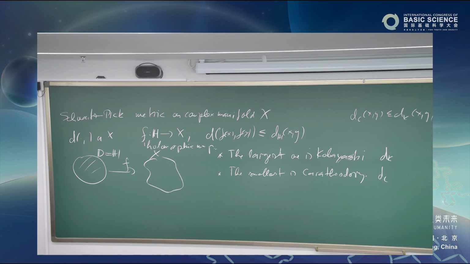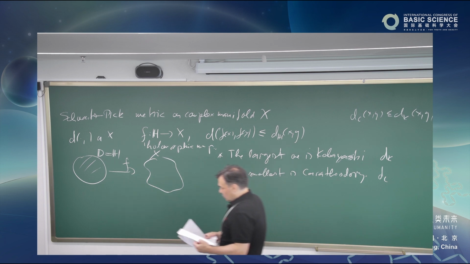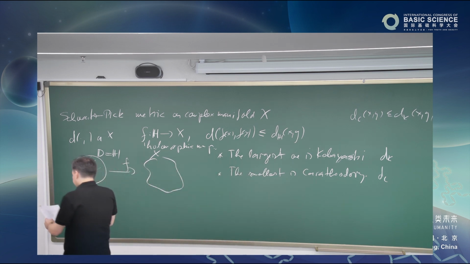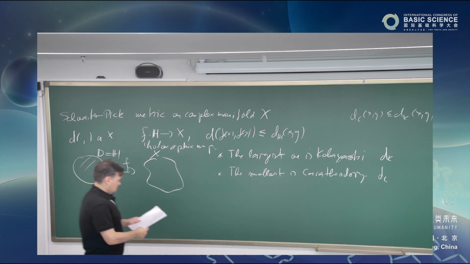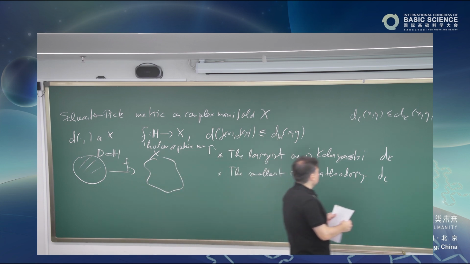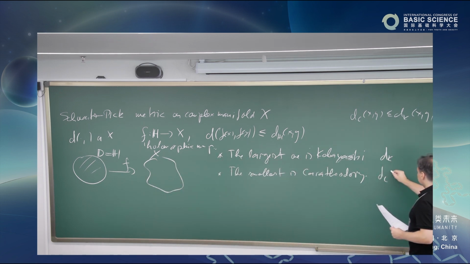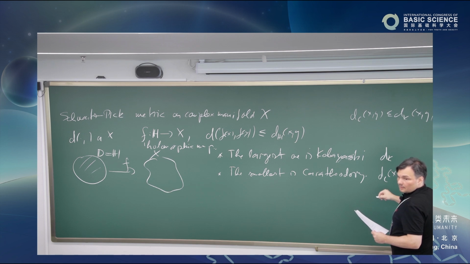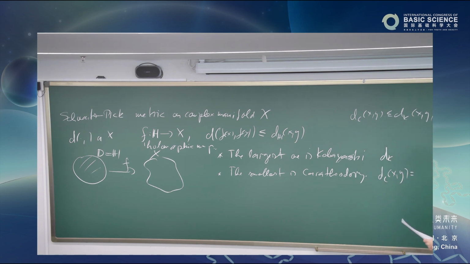In a moment, I'll tell you more. In fact, maybe I should do it right now. We are getting there, but let me first write. Actually, there is a good formula for the Caratheodory metric, which I should give you.